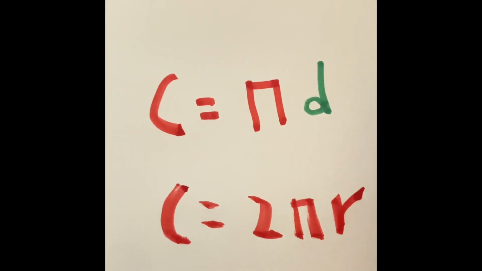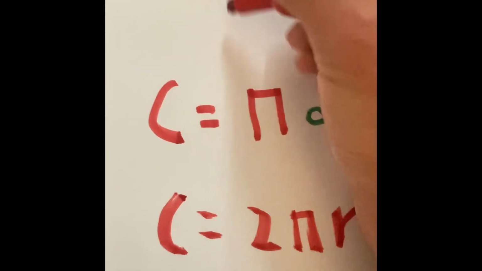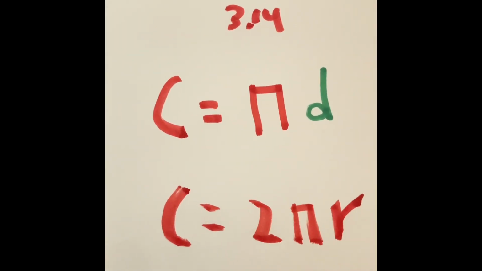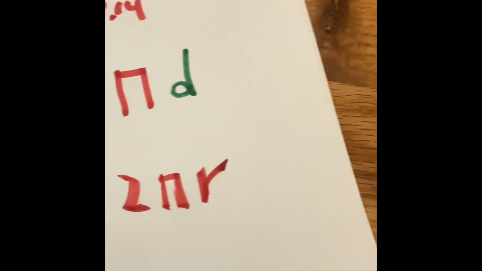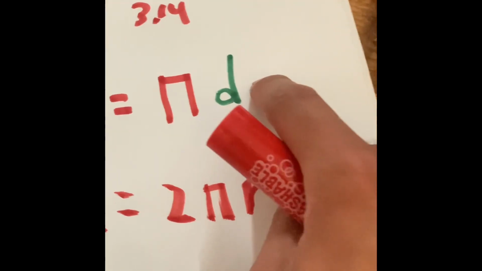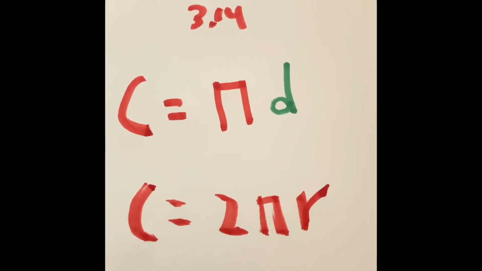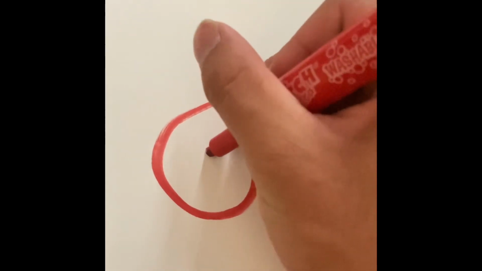So, we already learned that pi represents 3.14 in the last video. But we're going to learn about the radius and the diameter. They are two different things of a circle. So if we draw that circle, we're going to put a dot in the middle, because we're going to be needing that.